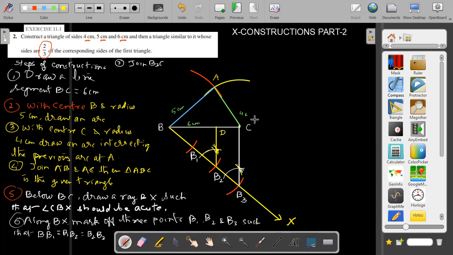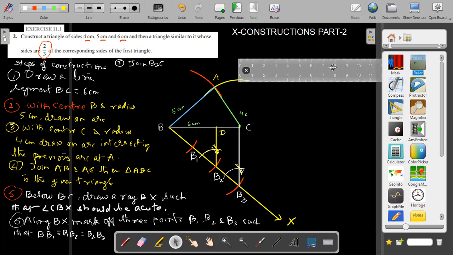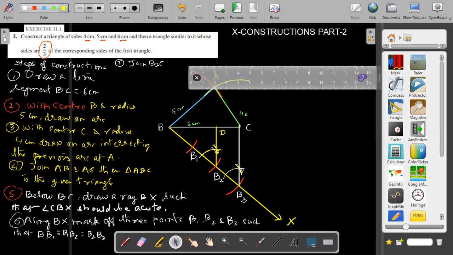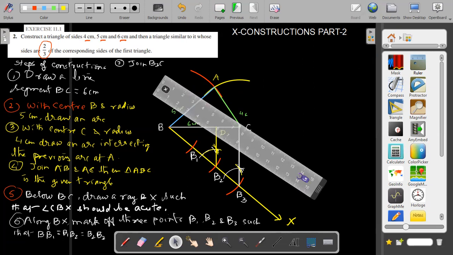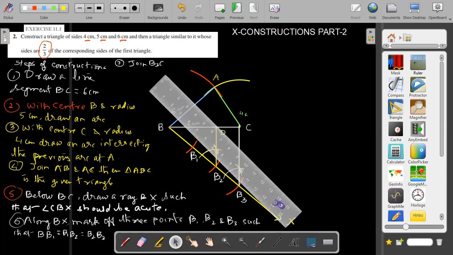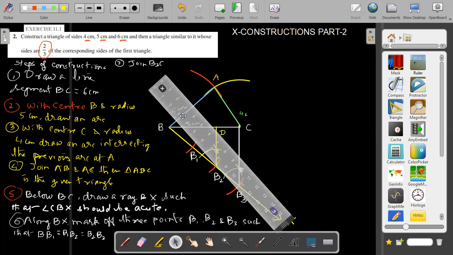Similarly, here also you will make one arc at C. You need one side which is parallel to this. So what we used to do with the scale, but it becomes difficult for me here to draw the same arc.